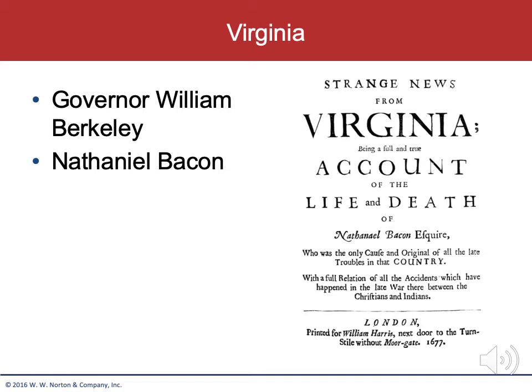So what happens is a series of Indian attacks happen. And because these Indians were, let's say, friendly to Berkeley and his crowd, Berkeley was hesitant to send the militia out to defend colonists. And so we get what's called Bacon's Rebellion, and this is in 1676.